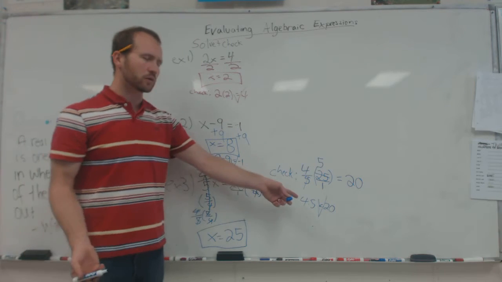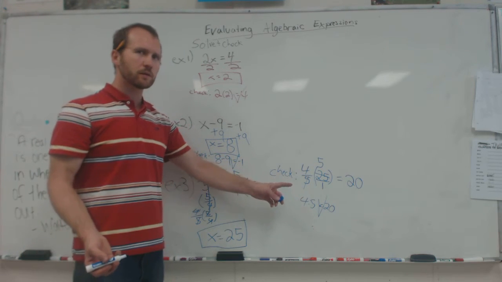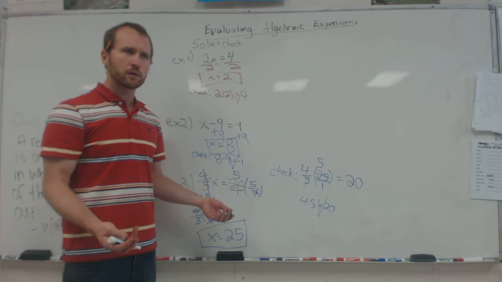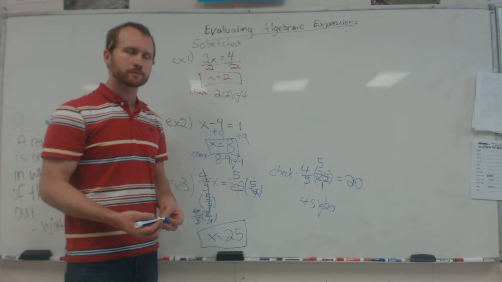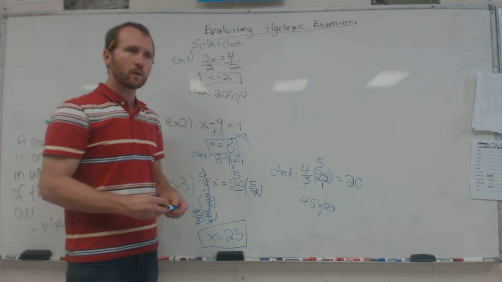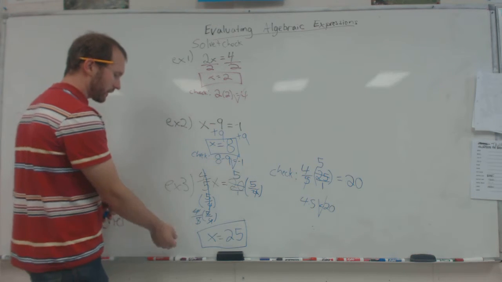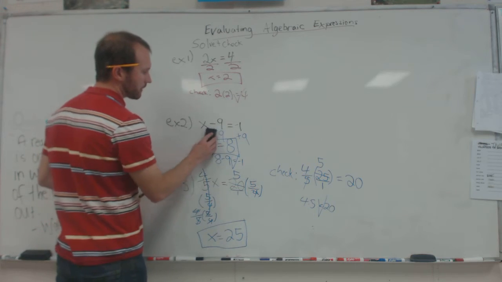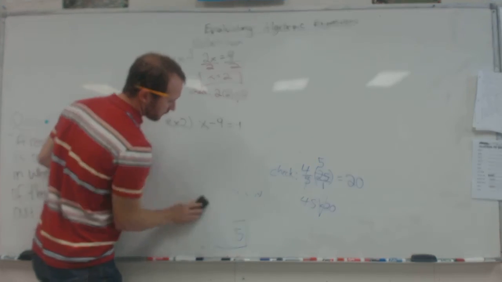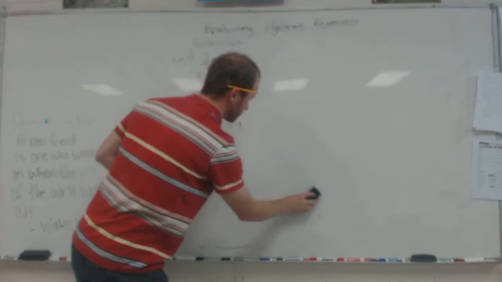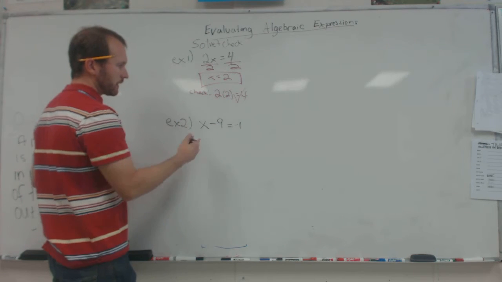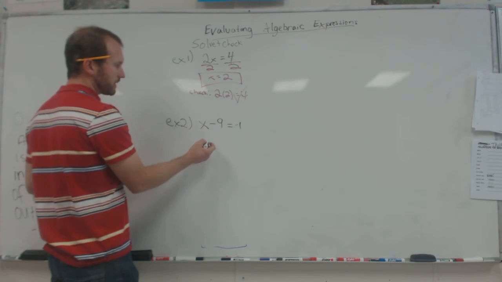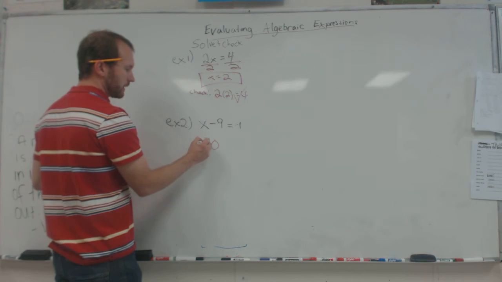Now what if it weren't true? Let's say we plugged it in and it's not true. What does that mean? We did something wrong when we were solving. So let's take a look at this. Let's say I got, in this problem, x plus 9 equals negative 1. Let's say I said, oh yeah, well, x plus 9 is negative 1, must be 10. x equals 10.